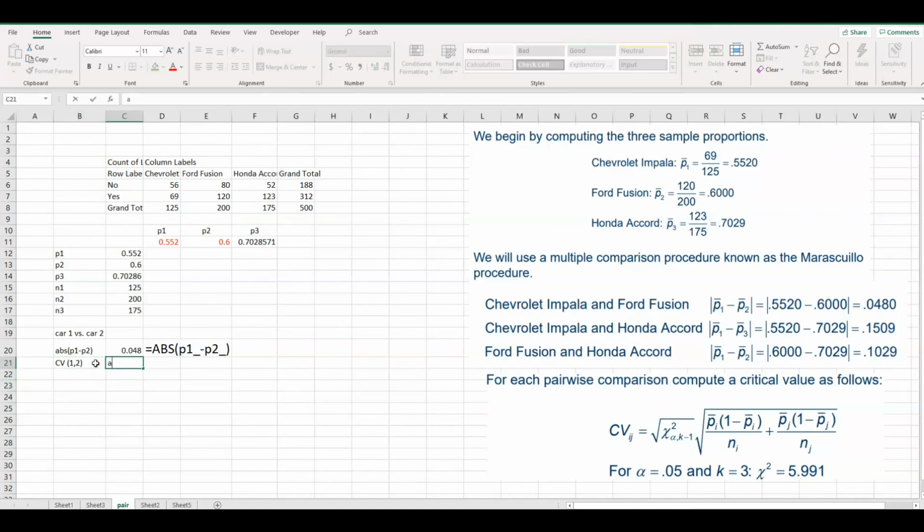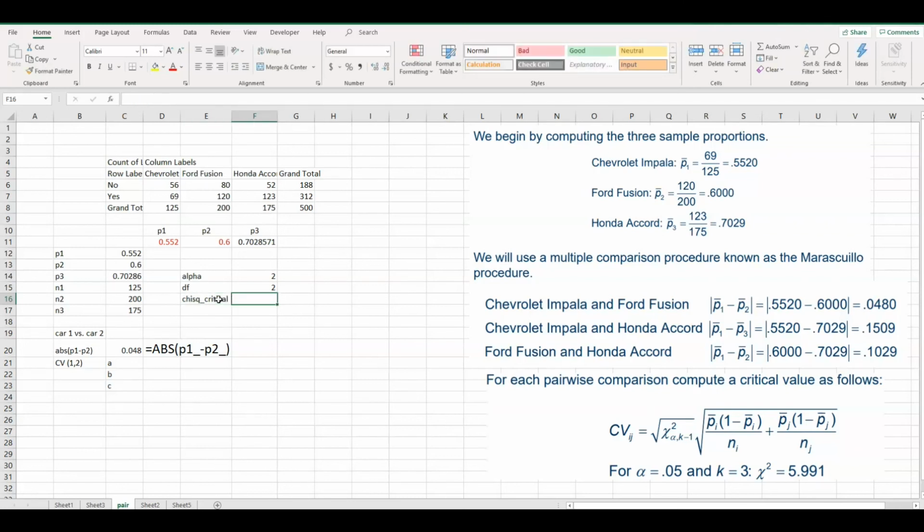So let's calculate A, B, C. Let's say alpha equals 5%. The degree of freedom will be equal to 3 minus 1, so the degree of freedom is 2. To make it simple, 2.